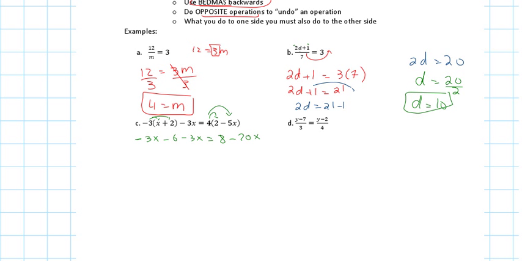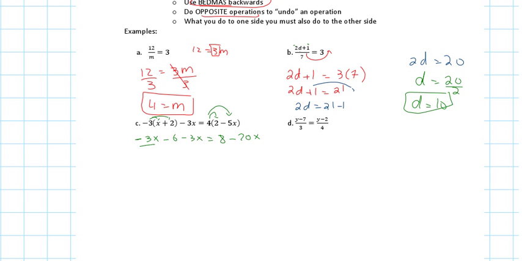Are you guys okay with this? So far all I did is get rid of the brackets. Now I want to move all the x's to one side and all the numbers to the other side. I have two x terms here, this one and this one.